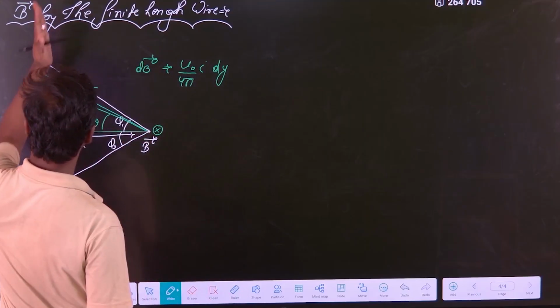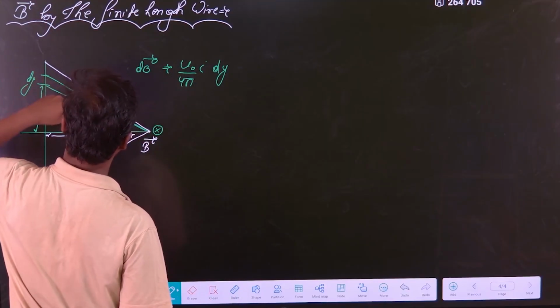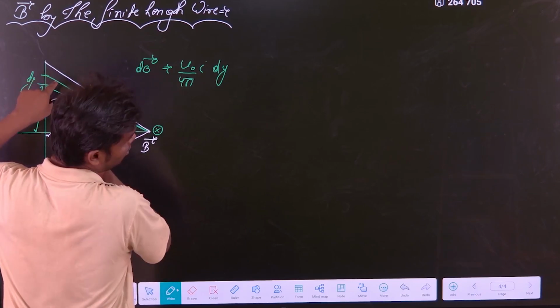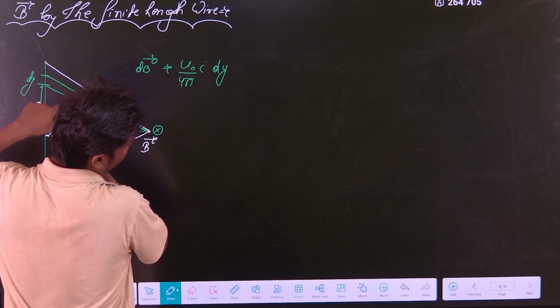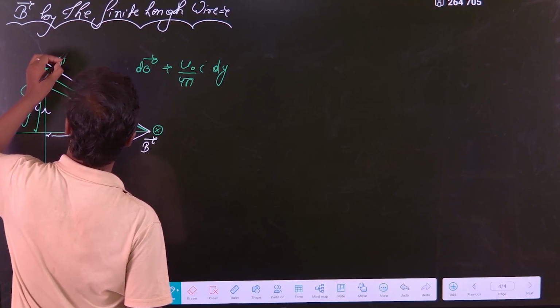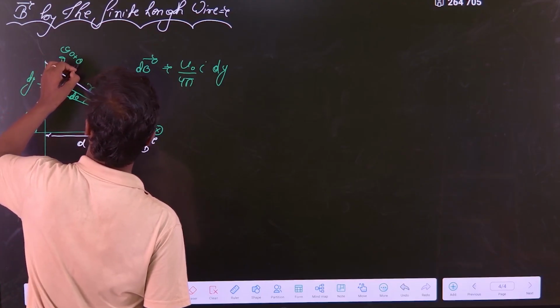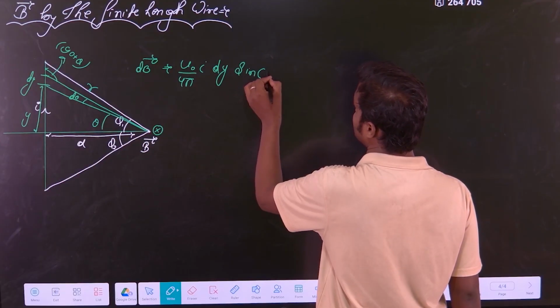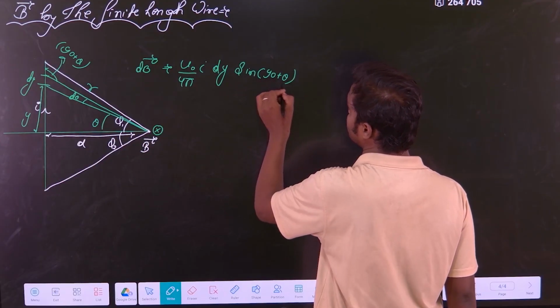This is my dl vector, this is my r vector. This angle is theta, this is 90, this is 90 minus theta, so this angle will be 180 minus (90 minus theta), so 90 plus theta. So this will become sine of 90 plus theta, divided by r square.